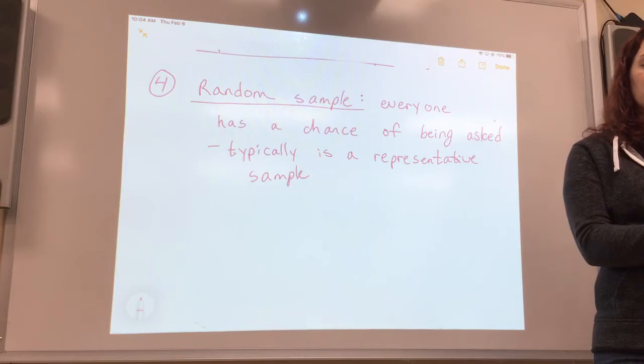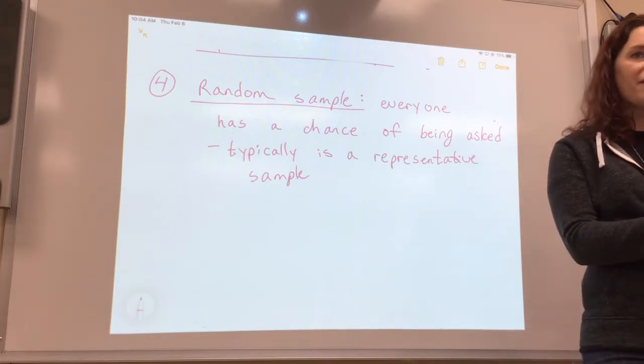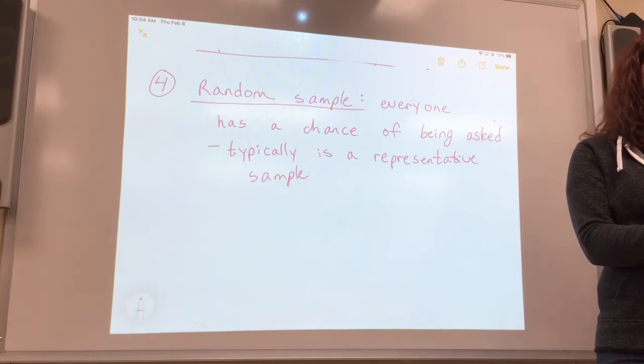Evelyn? You can have more than 5 people to ask everybody in the whole school instead of just 2. But that's not a sample, though. We still want it to be a sample, so I don't want to ask everyone in the school. I could, but I want it to be a sample. Jude? You could go to a pep rally where everybody's there. Okay, and how could you choose who to ask?